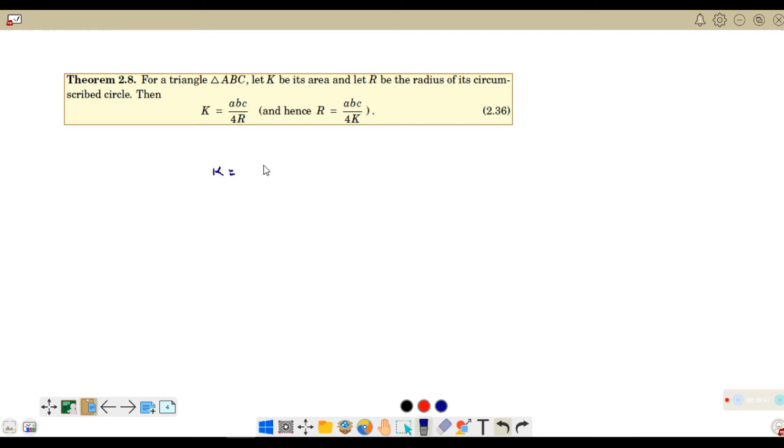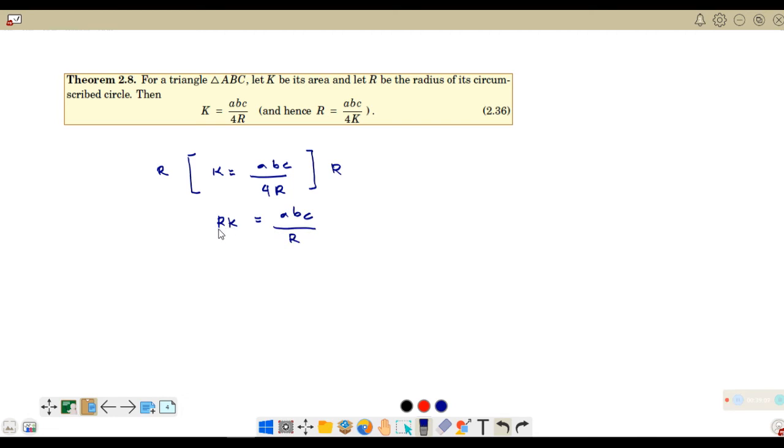So, K is equal to ABC over 4R. If you're looking for the value of R, edi multiply both sides natin by R. Kakaroon ka ng RK is equal to ABC over 4.